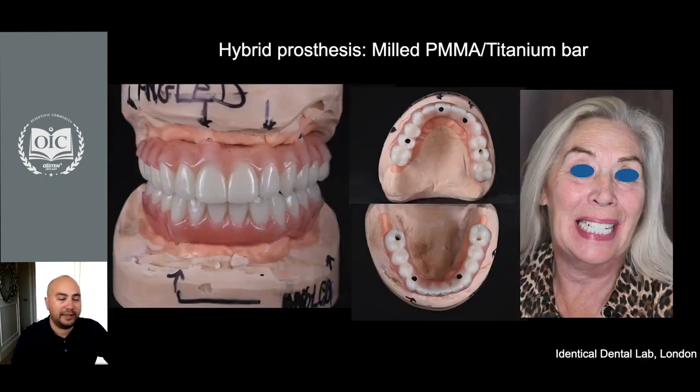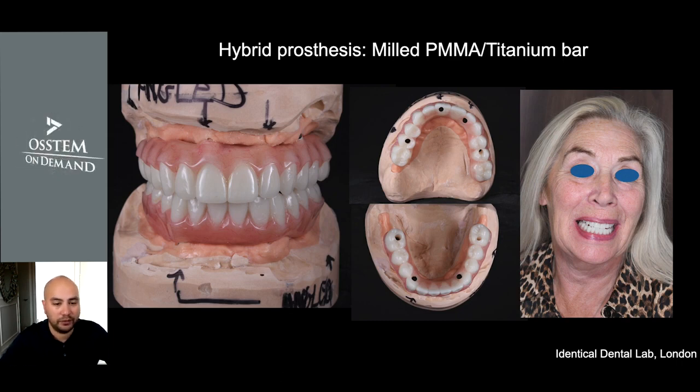And this is a case of a typical hybrid prosthesis that I provide to my patients for an FP3 solution, which is the milled PMA with a titanium bar.